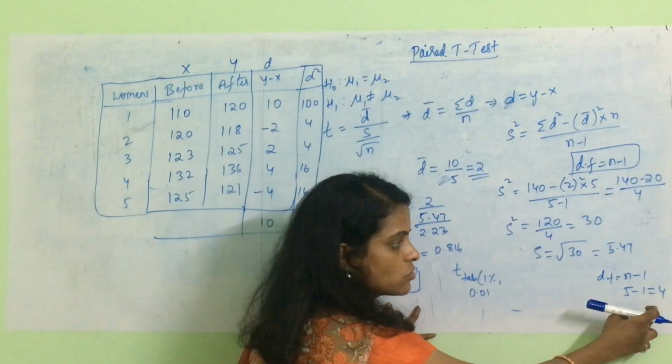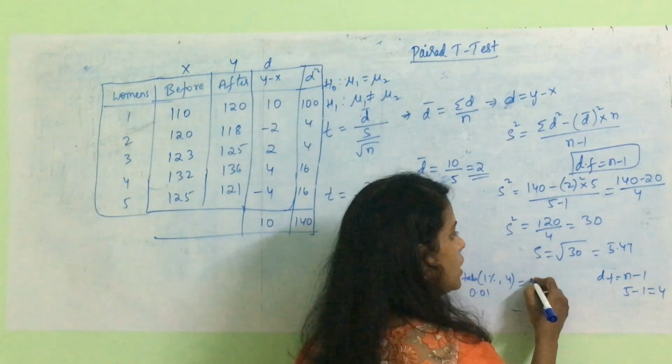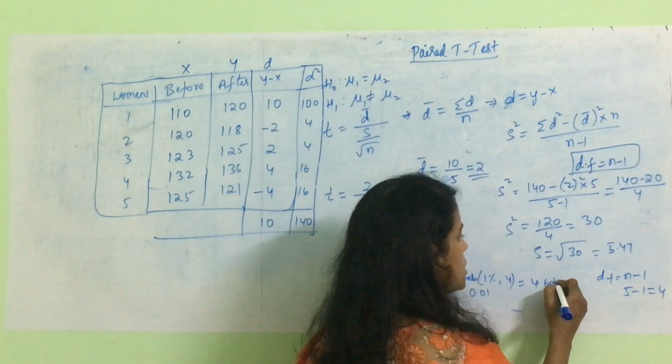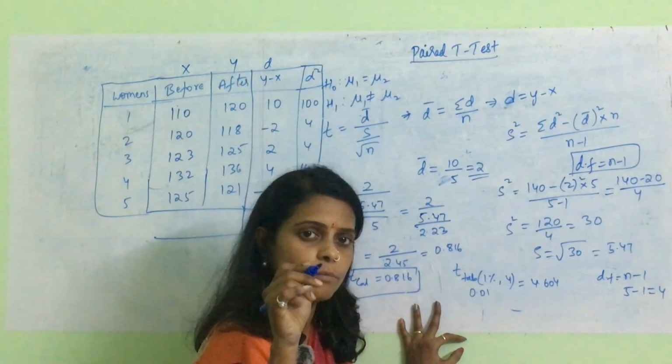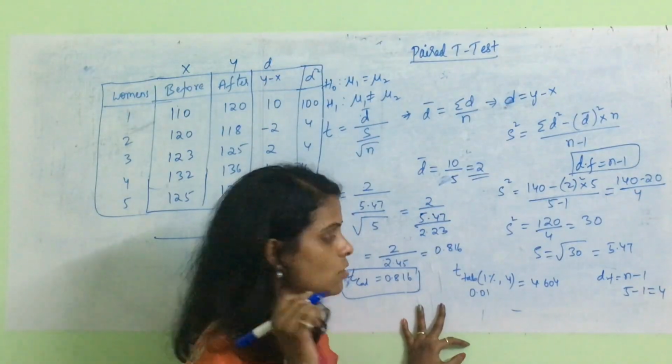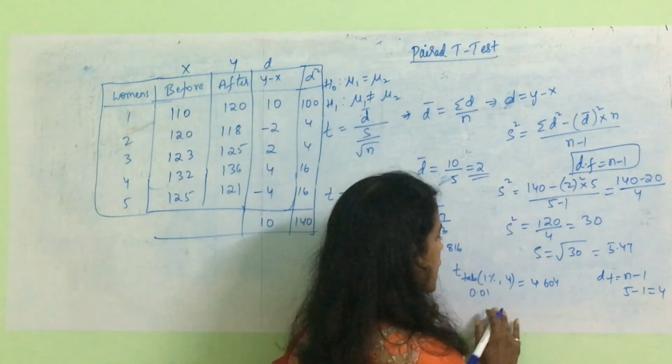The value is 4.604. In that book it is given with a comma, but it is not a comma, it is a point. So 4.604 is the table value.